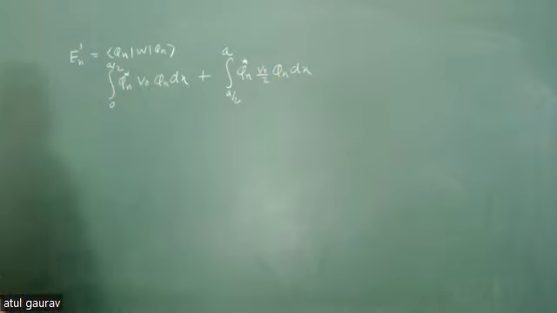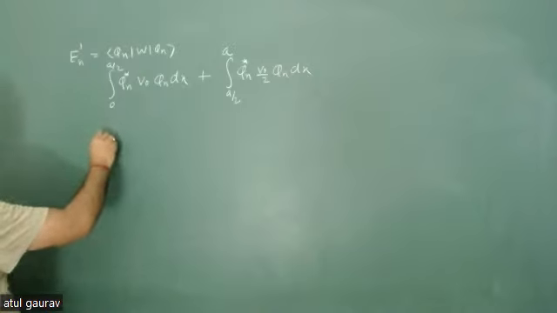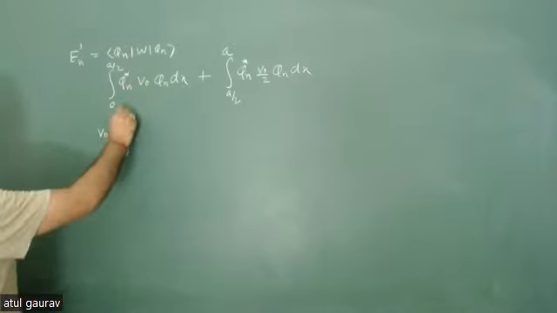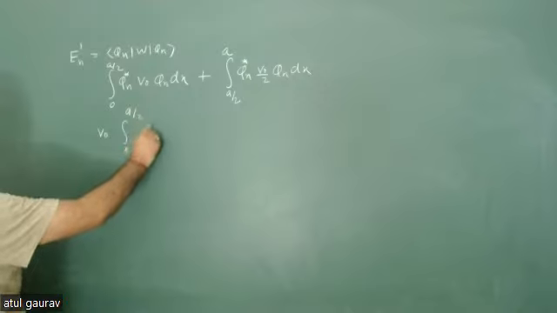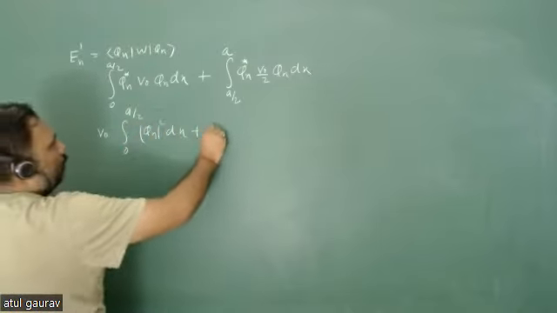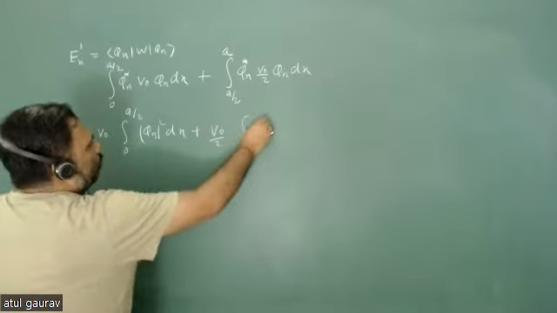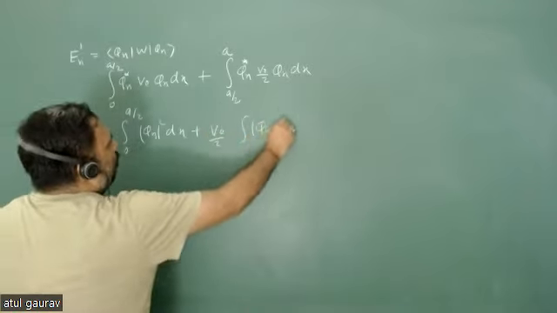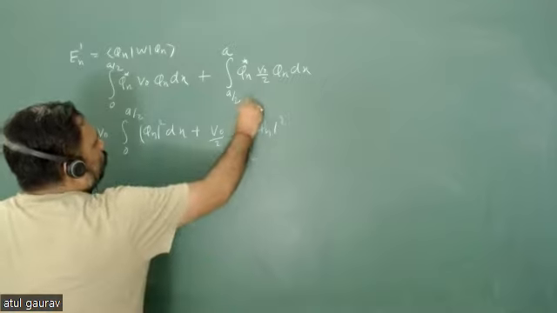We can take V naught outside, and we have 0 to a by 2 mod phi n square dx plus V naught by 2 mod phi n square from a by 2 to a.